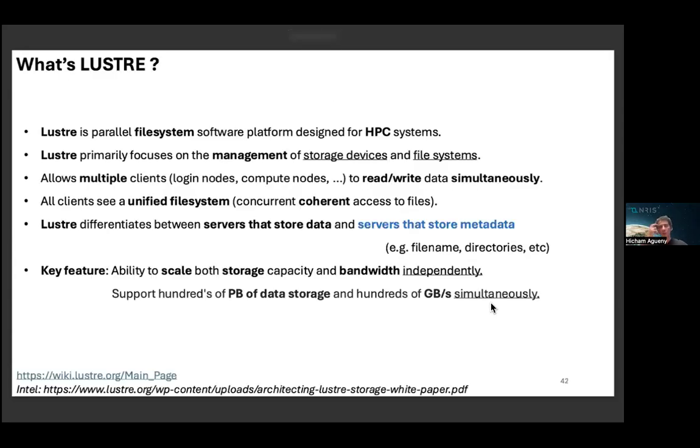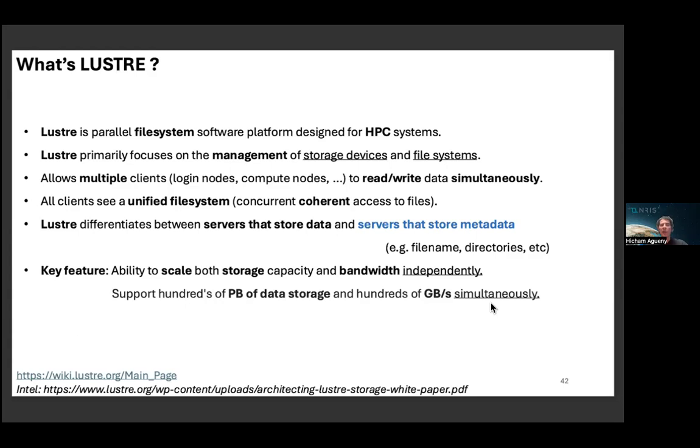So after talking about the network architecture, I thought it would be good to give a short introduction to the Lustre file system. Lustre is a file system software platform designed for high-performance computing systems, primarily utilized for managing storage devices and file systems. A file system is a structured way of organizing data in the form of files and folders.